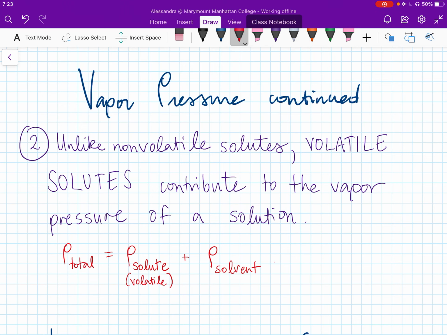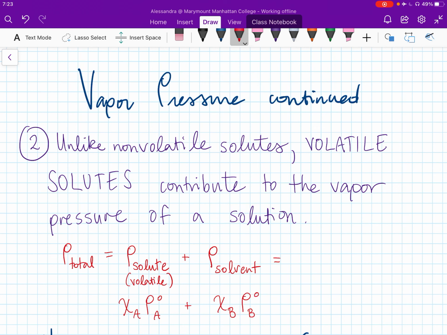We quantify it with a partial pressure approach, like Dalton's law: the mole fraction of the solute, let's call it A, multiplied by the vapor pressure of the solute, plus the mole fraction of the solvent, let's call it B, multiplied by the vapor pressure of the solvent.